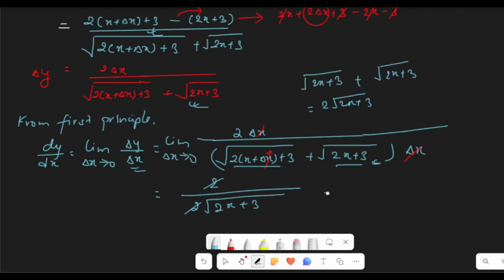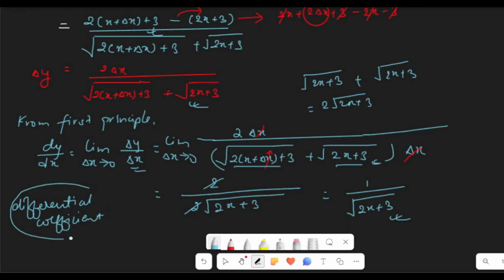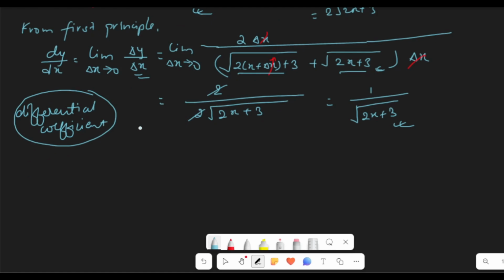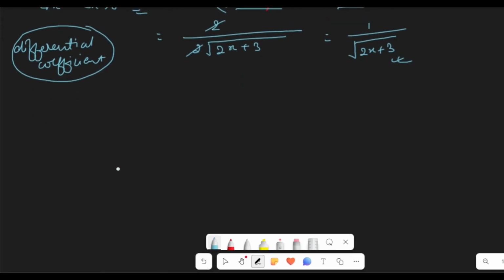Therefore, the derivative is 1 by root 2x plus 3. One thing, derivative is also called differential coefficient. Remember, if the question asks to find the differential coefficient, it is asking for the derivative. Okay. Now we'll look at the second question. In the second question we have 1 divided by root x.